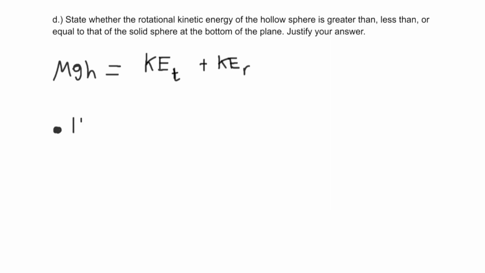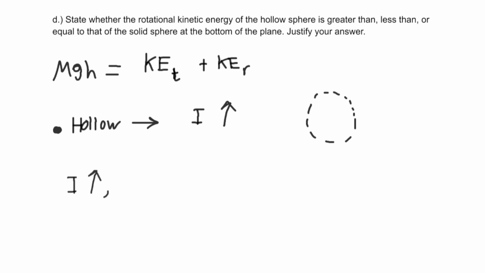Hollow means the moment of inertia increases compared to the solid object, because more mass is farther away. So before you had mass all inside the sphere, but now it's all on the rim, so I increases. So I increases, which means that KE of rotation increases. And that's our answer.